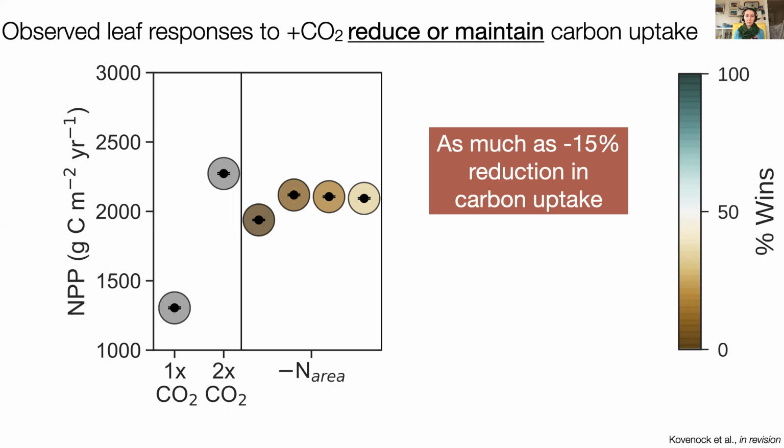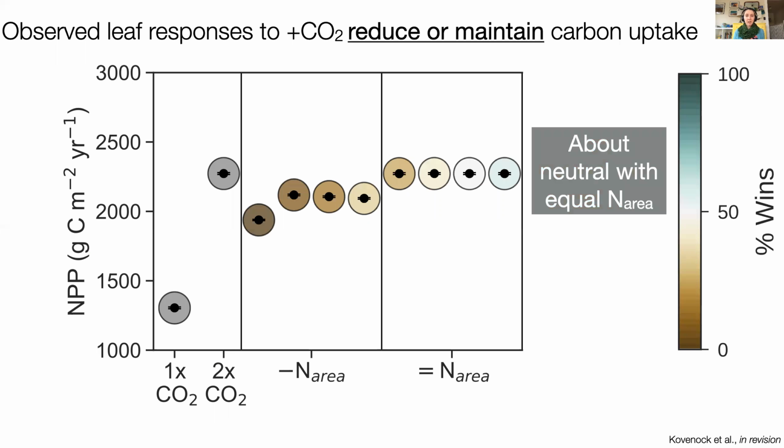So observed leaf responses lead to a reduction or maybe a maintenance of carbon uptake by the system, but definitely not a gain relative to the control leaf. If we look along that diagonal line, where nitrogen per area is held constant, we can see that it's about neutral. So the plants that are able to maintain their nitrogen per area are doing about as well as the plants that didn't change their traits at all.